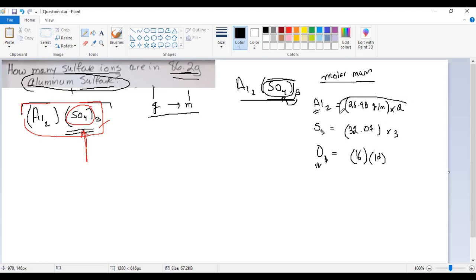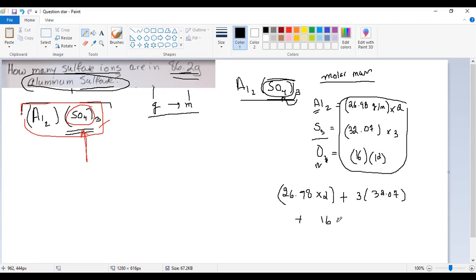And if you were to add all these together, you would get the total mass of the entire compound, or the molar mass. So you would do 26.98 times 2, of course, because we have 2 aluminum atoms, and add that to 3 times 32.07, taking into account you have 3 sulfur atoms, and then add that to 16 times 12, taking into account you actually have 12 oxygen atoms in one molecule of aluminum sulfate.